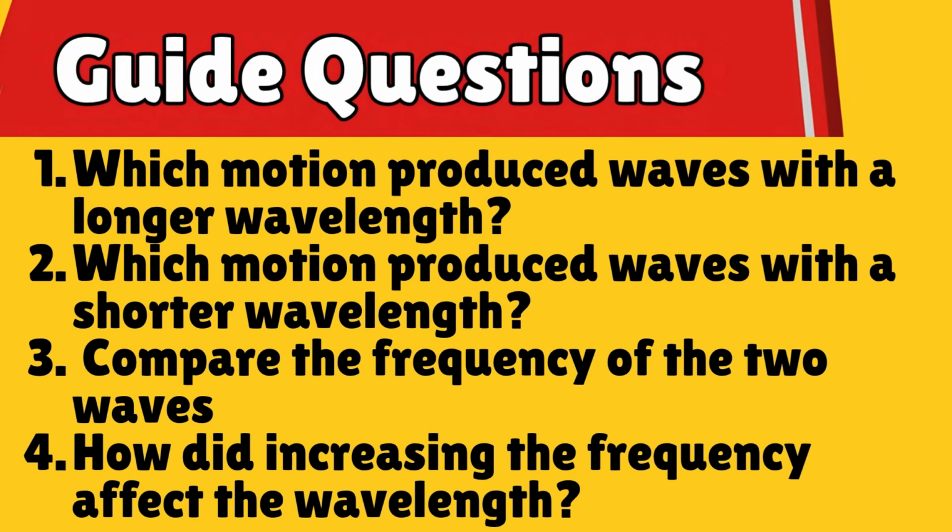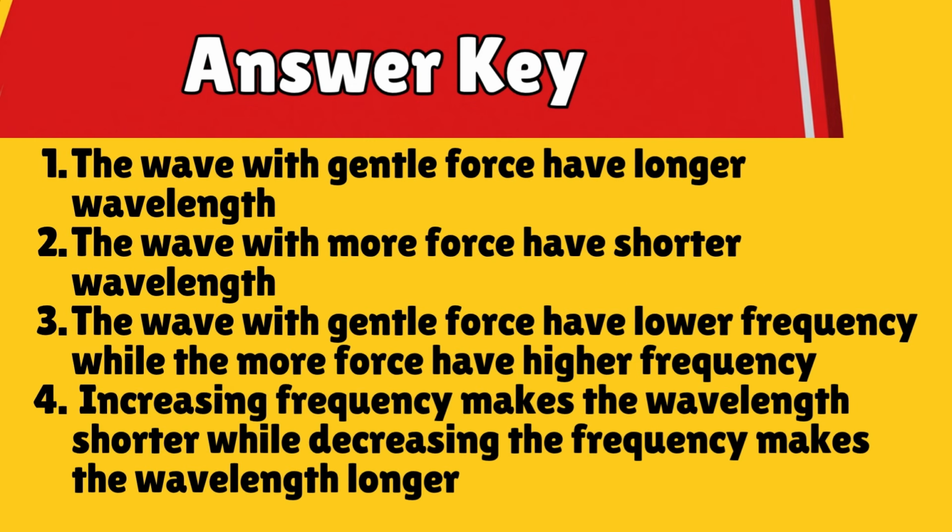And now let's answer the questions. Number 1. The wave with gentle force has a longer wavelength. So when we apply gentle force, the wavelength is longer. Number 2. The wave with more force has a shorter wavelength. So when we apply stronger force, the wavelength becomes shorter.